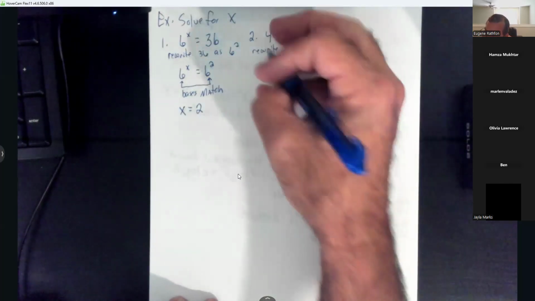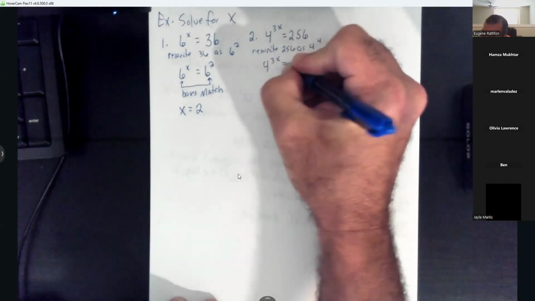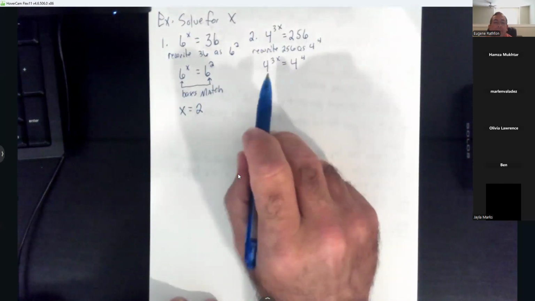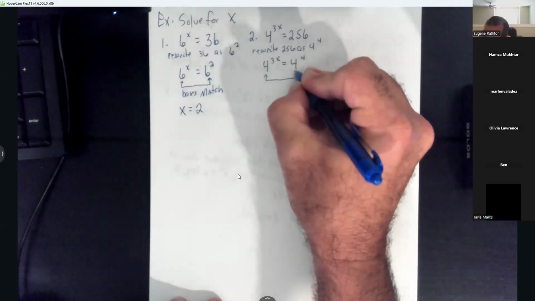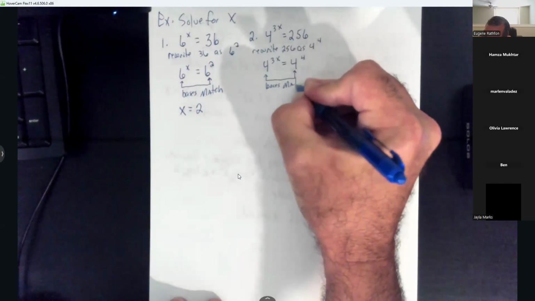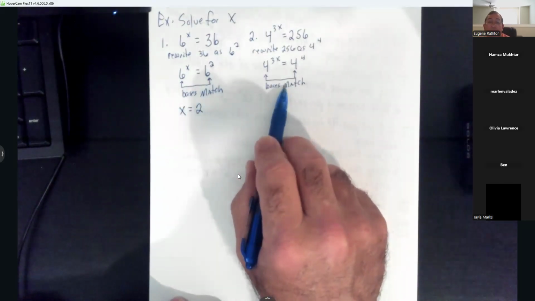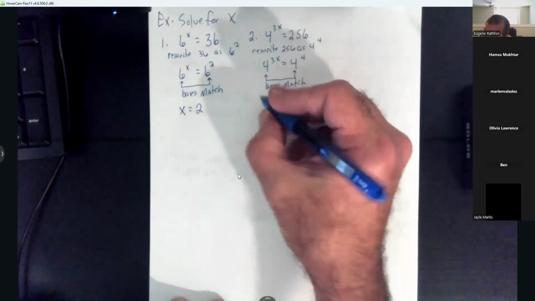All right, so let's bring that down then. I got 4 to the 3x equals 4 to the 4th. So y'all, once again, I was happy because I got my bases to match. Since our bases match, using the base exponent property, that means that this 3x has to equal that 4.